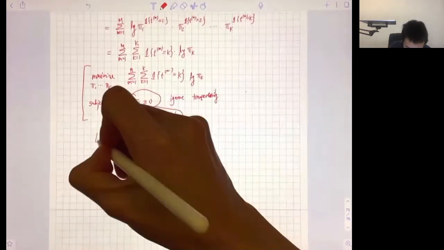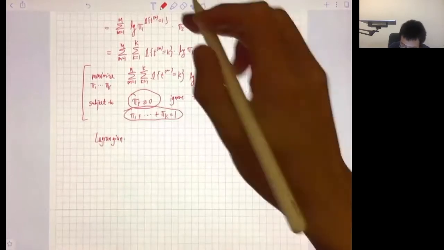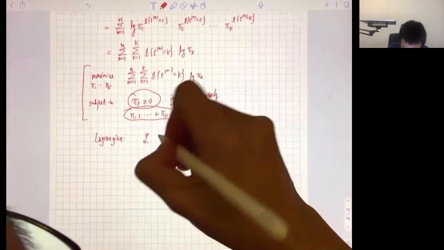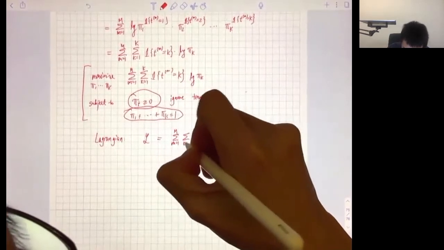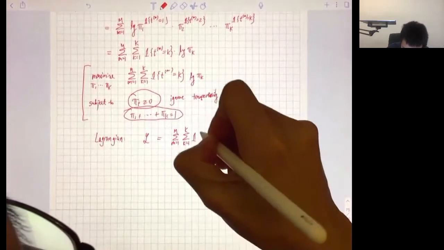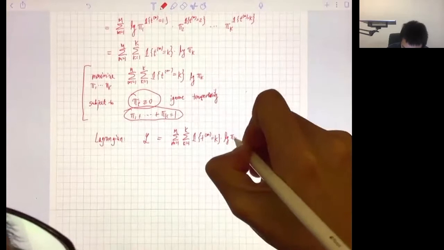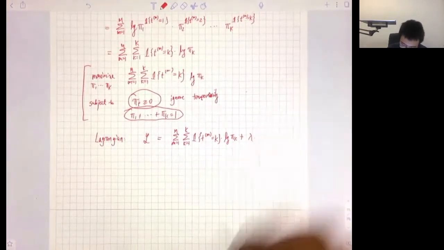So I consider the Lagrangian, which has the Lagrange multiplier. So I would say the Lagrangian is the sum over m from 1 to m, k from 1 to k, of indicator Tm equals k times log of pi k, plus lambda.